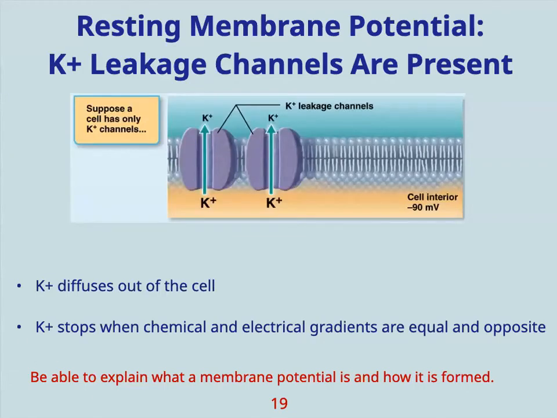Now, in a real cell, the cell membrane permeability for potassium is much greater than the cell membrane permeability for sodium, meaning we have a significantly larger efflux of potassium through these abundant leak channels, especially in comparison to the number of leak channels for sodium.